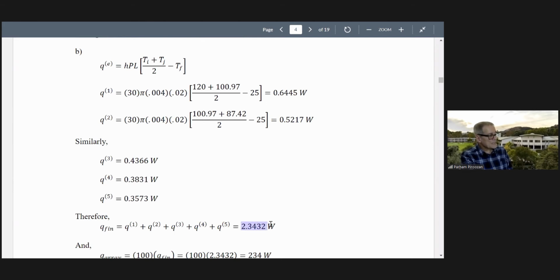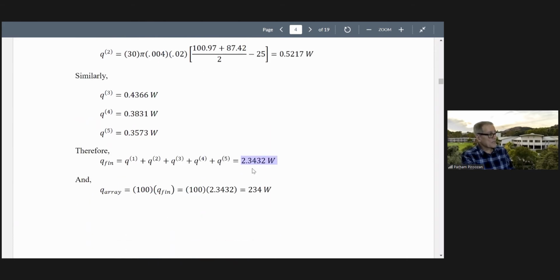This is the heat loss for one fin, which consists of 5 elements: 2.34 watts. We have 100 of them, so multiplied by 100 fins, it gives the total heat loss for an array of 100 fins, which is 234 watts.